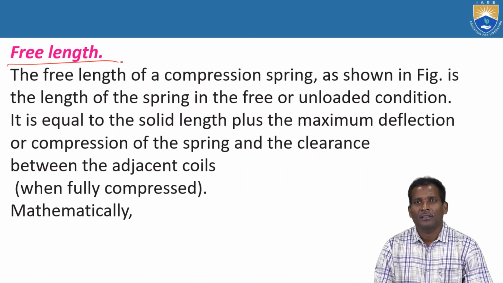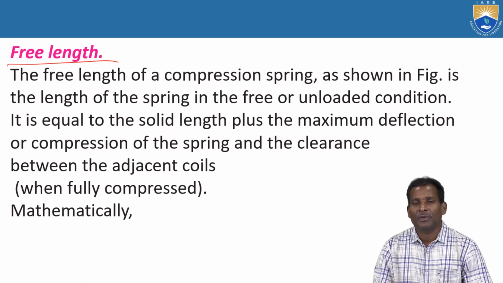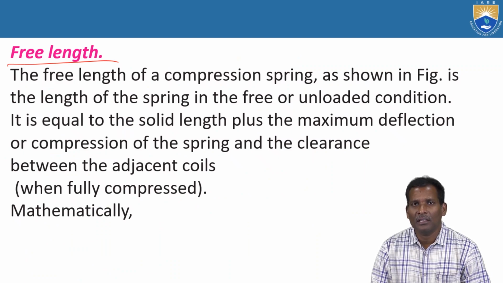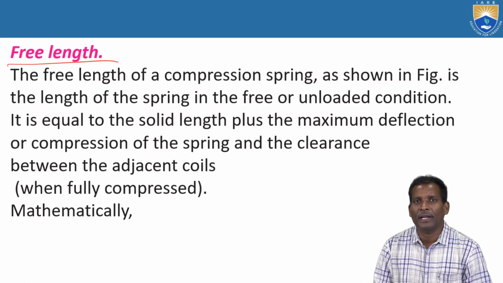Free length of a compression spring is the length of the spring in the free or unloaded condition. I'll show you the diagram. So the free length of the compression spring is the length of the spring in the free or unloaded condition.